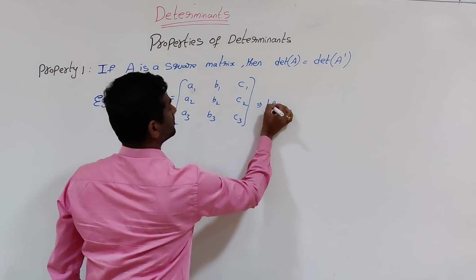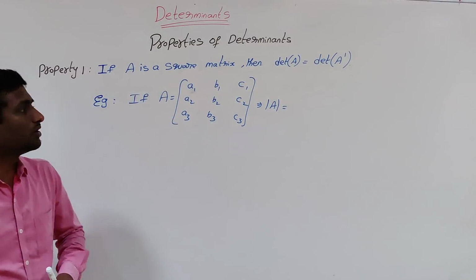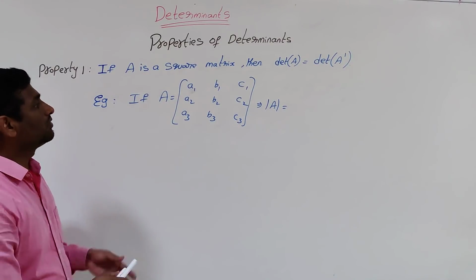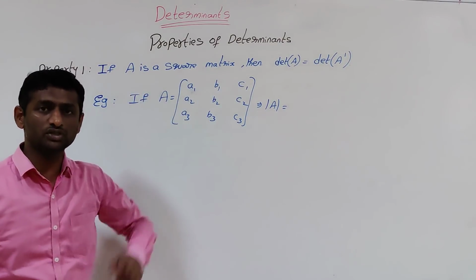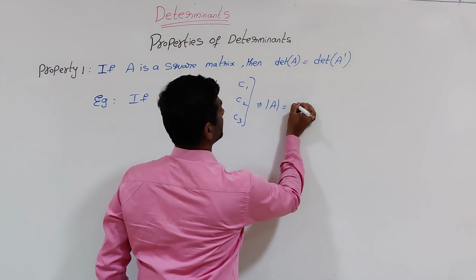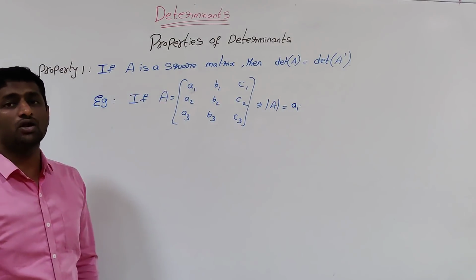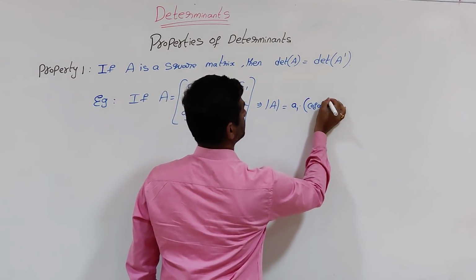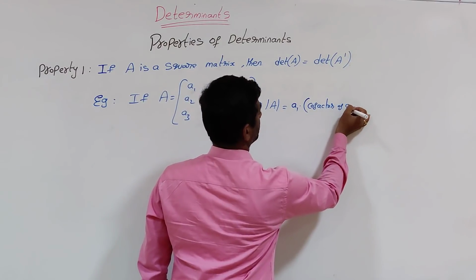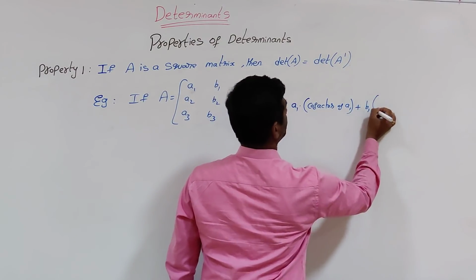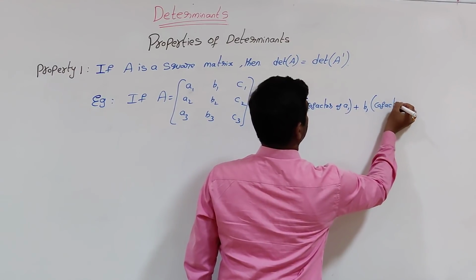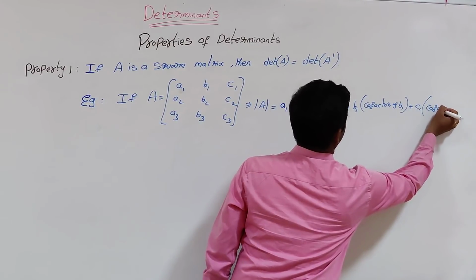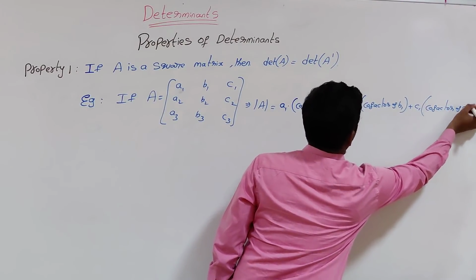Then the determinant of A will be, now we can use any one of the rows or any column to find the determinant. If I go through the expansion of the first row, we get A1 into cofactor of A1 plus B1 into cofactor of B1 plus C1 into cofactor of C1, as you are well known with this.